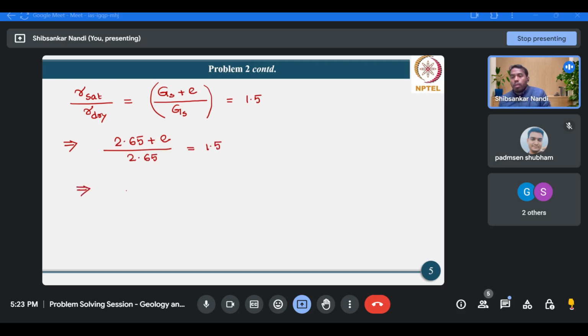If you solve this equation, you will get the e value as 1.325. So this is the answer.